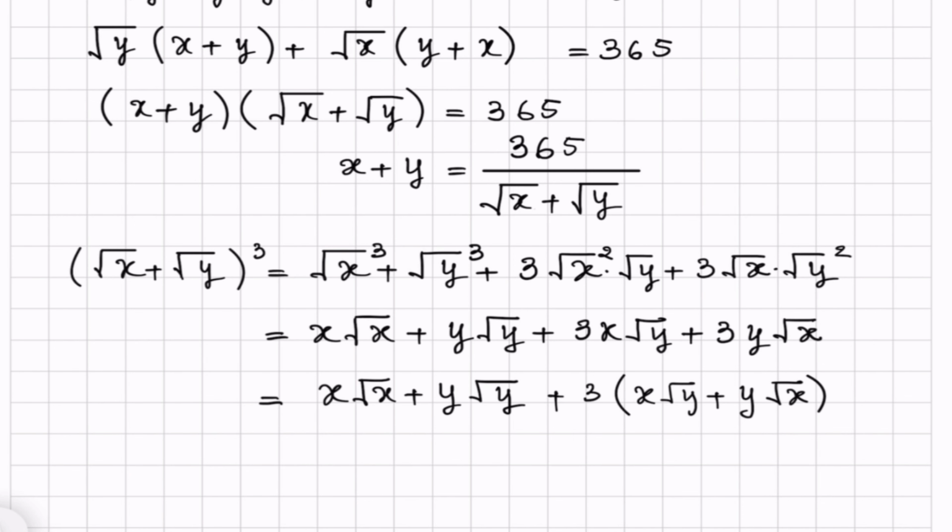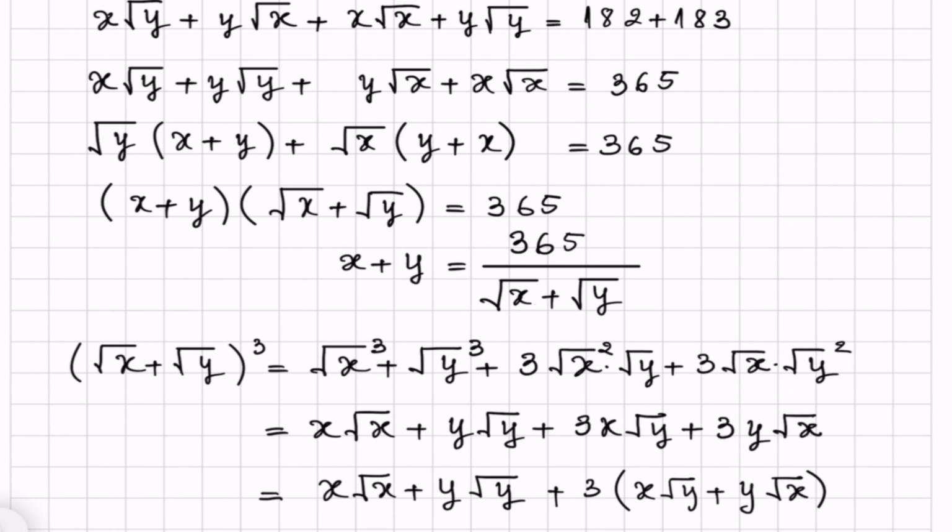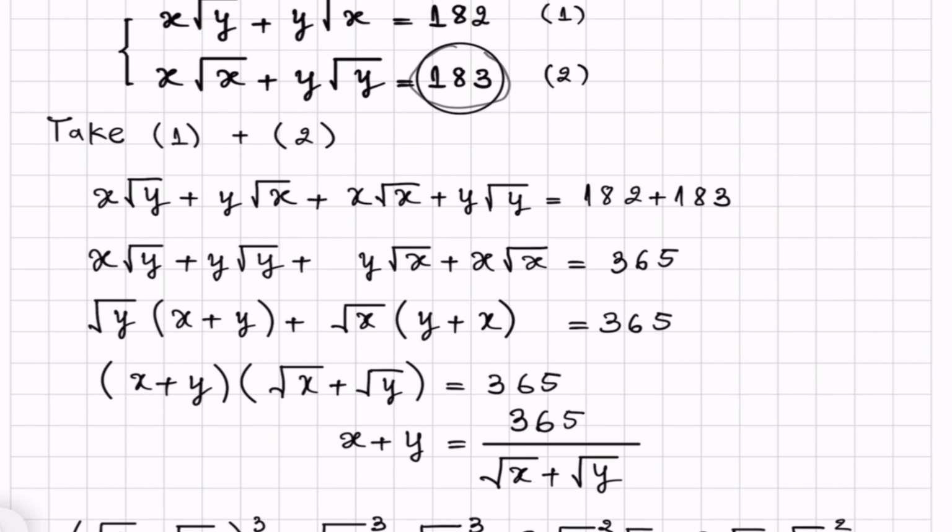So we are going to take the value of x square root of x plus y square root of y, which is equal to 183. Okay, and then x square root of y plus y square root of x, which is 182.